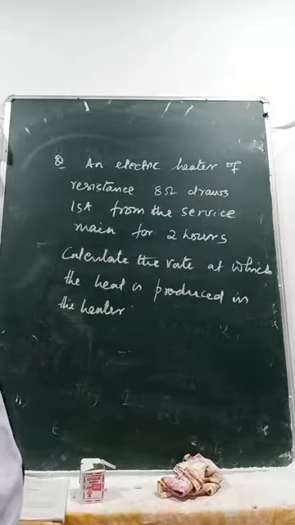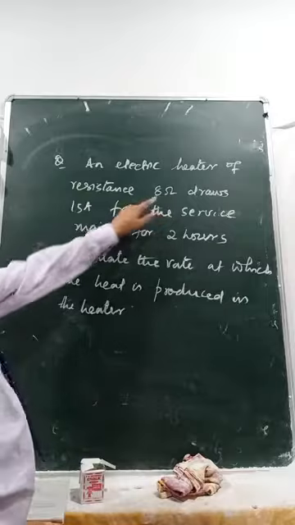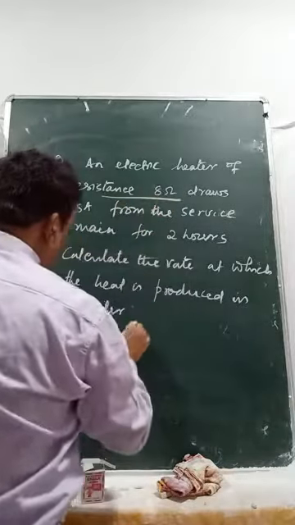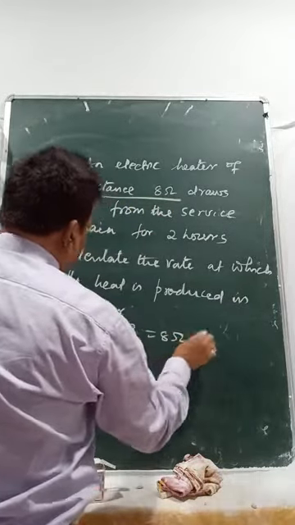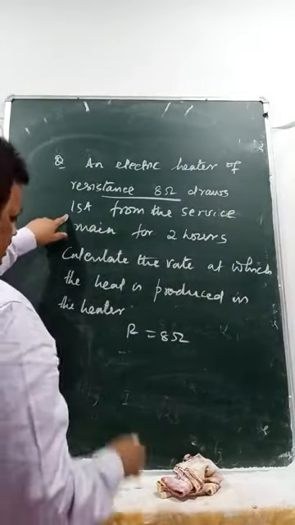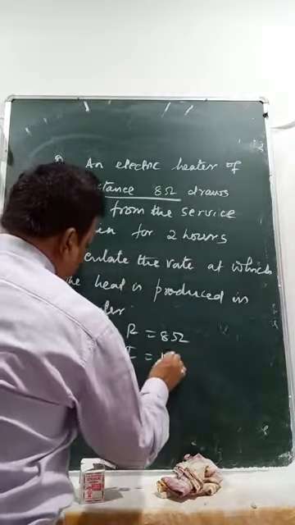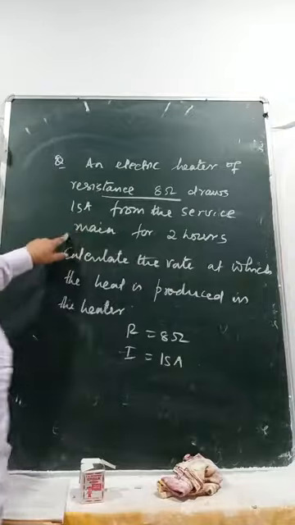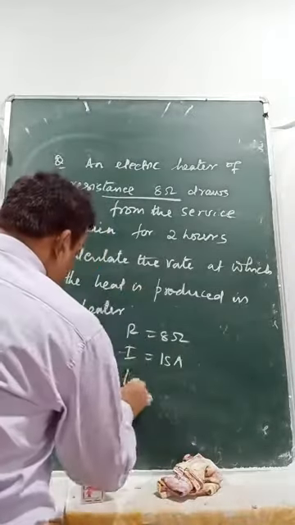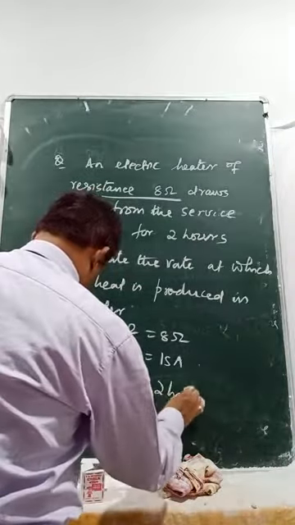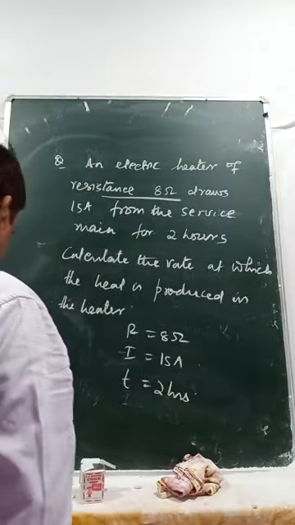So what is given? Let's collect. Resistance is 8 ohm. R equals 8 ohm. It draws a current I equals 15 ampere from the source, time is 2 hours. Then what will you find?